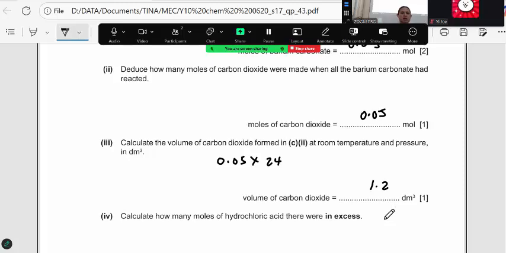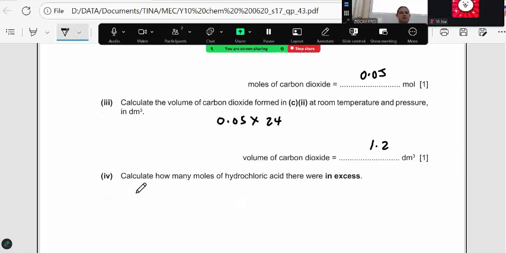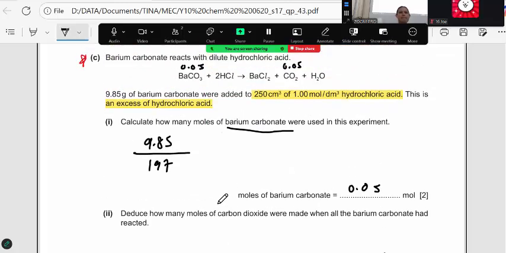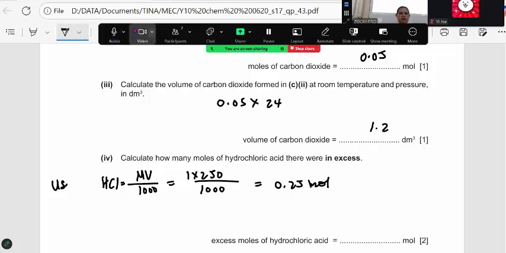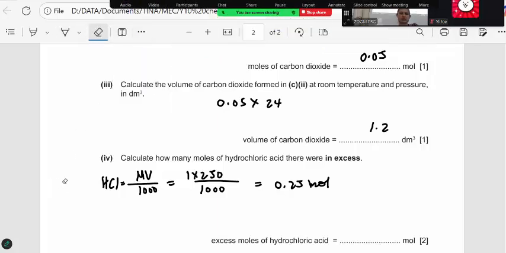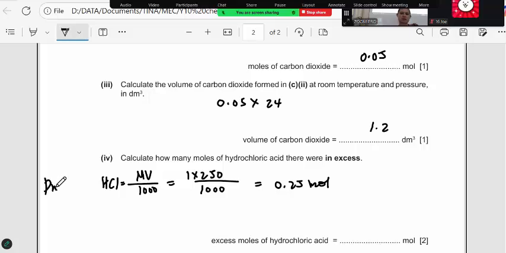How many moles of hydrochloric acid were in excess? First you calculate the moles of hydrochloric acid. M is 1, V is 250, so you get 0.25 mole. This is the amount of acid that was provided, not used. How much hydrochloric acid was used?